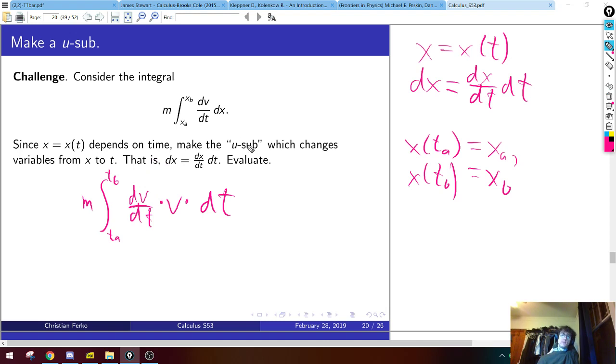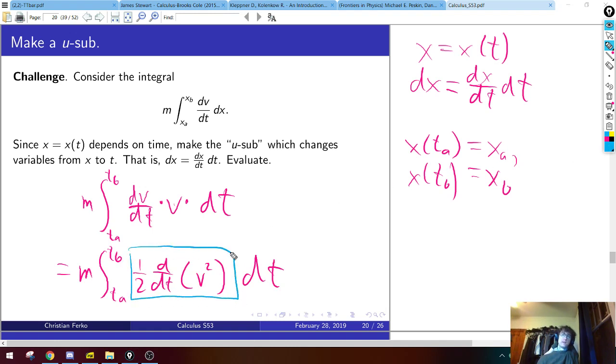Another thing you could do, which I prefer because this trick comes up over and over again in physics, is to notice that this thing is the same as the integral from ta to tb of 1/2 times the derivative of v squared. Okay, so I'll ask you to explain to me, why is it that 1/2 times the time derivative of v squared is the same as dv/dt times v?